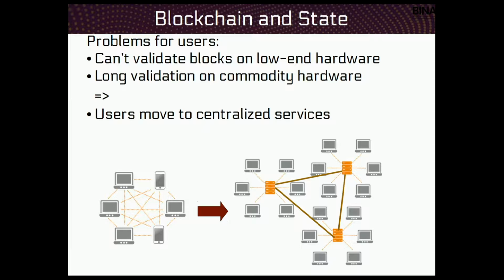the money. And more and more users move to centralized services. Nobody, or almost nobody now, runs a full node on their laptop. Most of them go to some web wallets like Blockchain Info and keep their money in this web wallet. And that's really a big problem because it's a point of centralization in cryptocurrency. If Blockchain Info is broken, the attacker can steal a lot of money from different people.